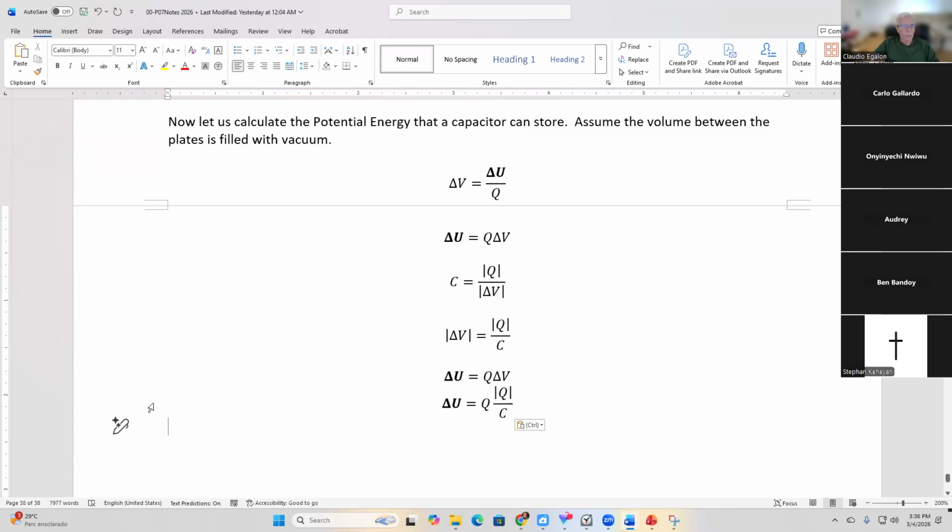When we multiply Q and its magnitude, we get exactly Q squared, whether Q is negative or positive, it doesn't matter, right? That's what we get for the electric potential energy of a capacitor.